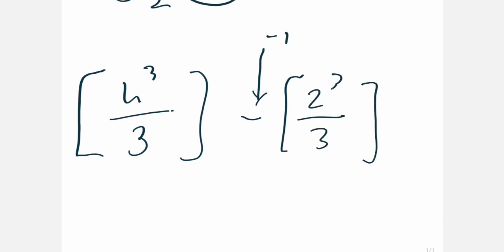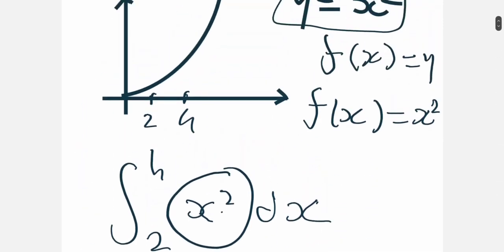Okay, so this will basically give us our answer for the area under the curve, which is this here. It will give us the area of this shaded region here.